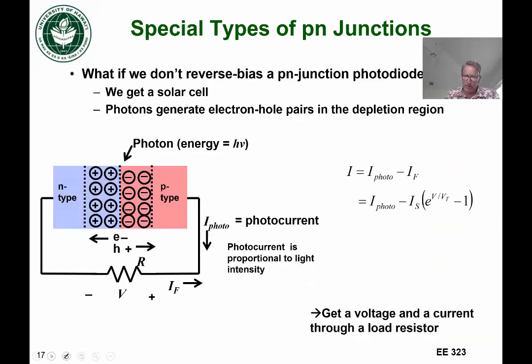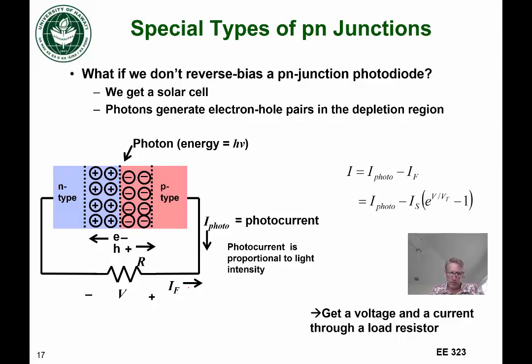And another application of the same effect is really a solar cell. So with a solar cell, you don't reverse bias it, you just hook up a load to it. And again, you would have a depletion region, right? And again, when the light comes in, it's going to generate an electron hole pair, and the hole is going to get swept out, and the electron is going to get swept out, and it's going to create a voltage across this resistance, just in the same way that the photodiode did.